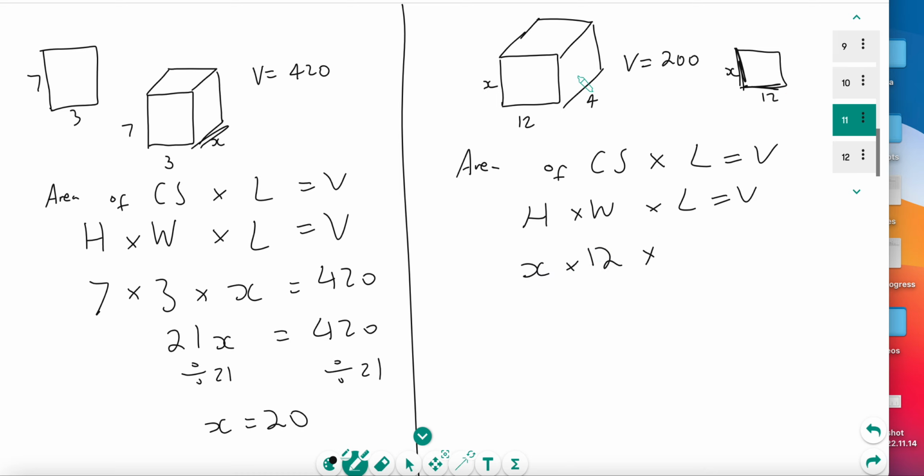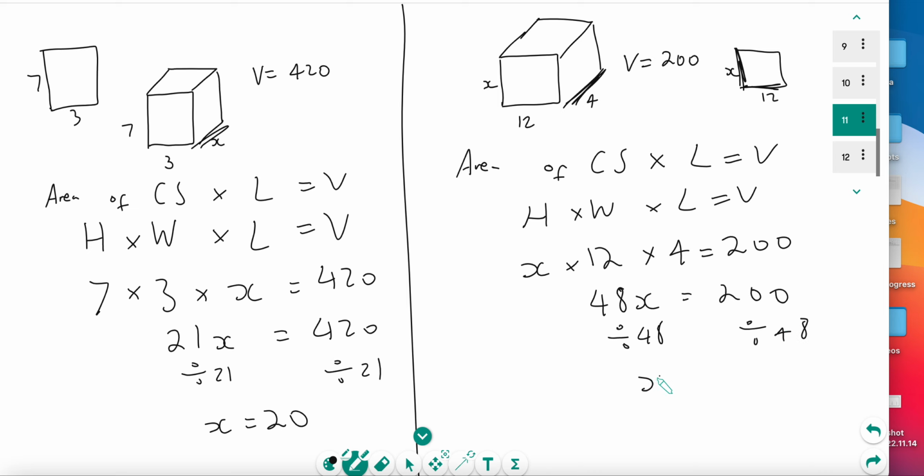The length is 4. The volume is 200. x times 12 times 4 is 48x equals 200. x is being multiplied by 48. We're going to divide by 48. x is equal to 200 divided by 48, which is 4.2.